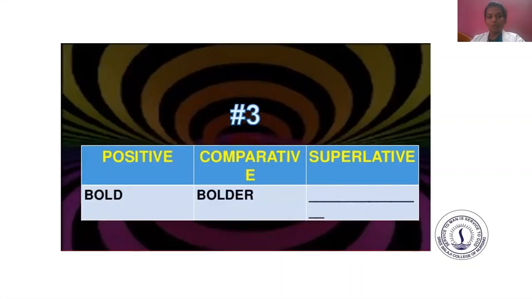And next is bold. The base form of the adjective is bold. It is the positive form, and nothing is added to the adjective, so it is the base form. And comparative is adding -er, bolder. In superlative, the rule is to add -est, so it becomes boldest.